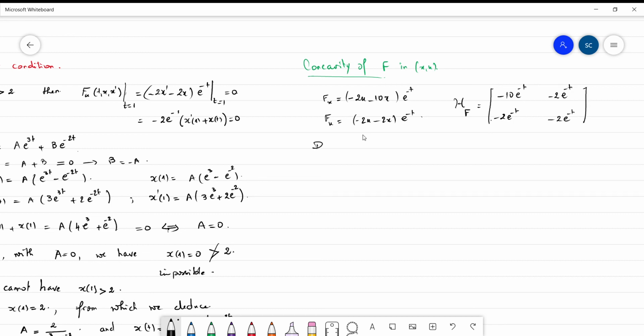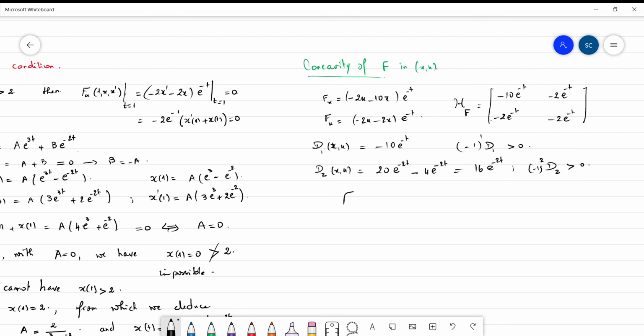Clearly D1 as a function of (x,u) is positive, and D2 is 20e^(-2t) minus 4e^(-2t), which is 16e^(-2t), positive.